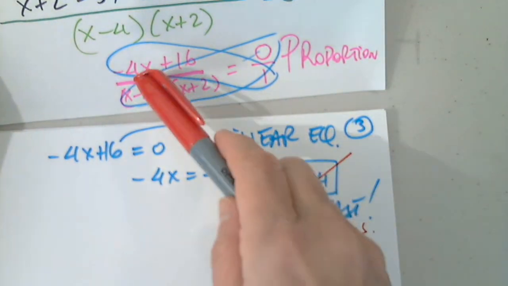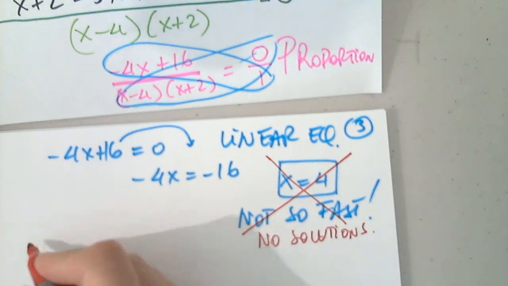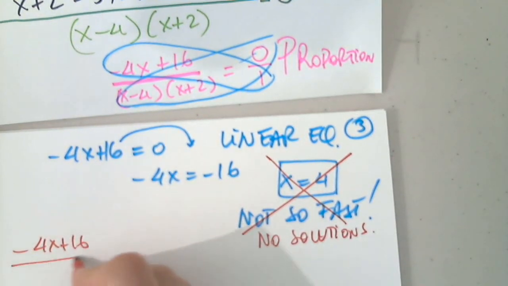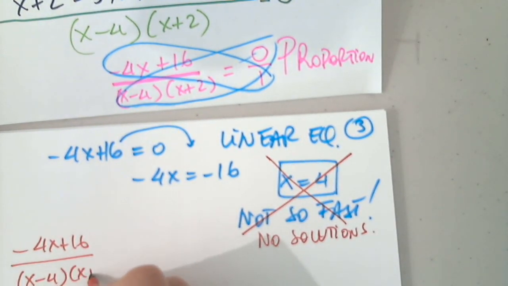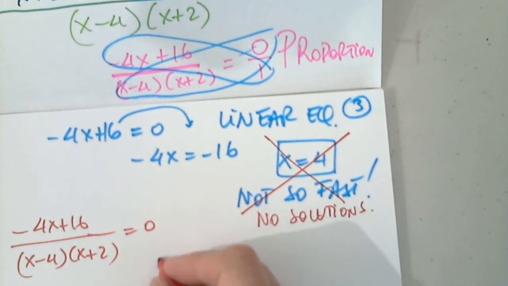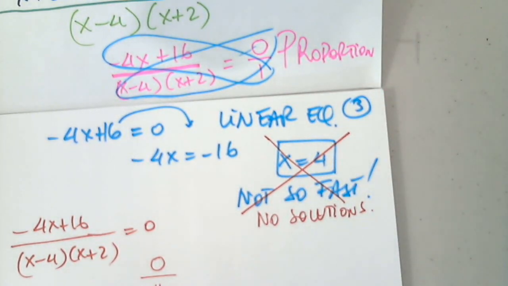Here's a second option for this final form of negative 4x plus 16 divided by x minus 4, x plus 2 equals 0. We know that only 0 over a number that is not 0, we just looked at a few minutes ago.